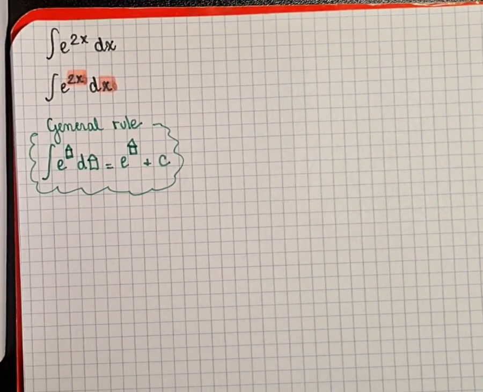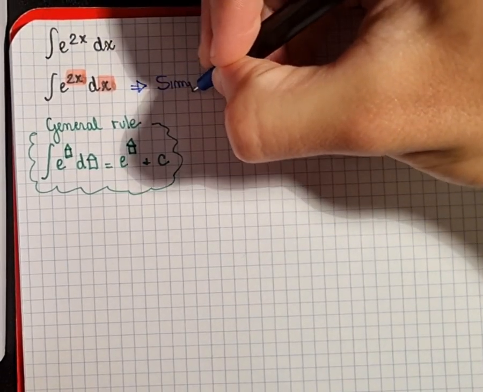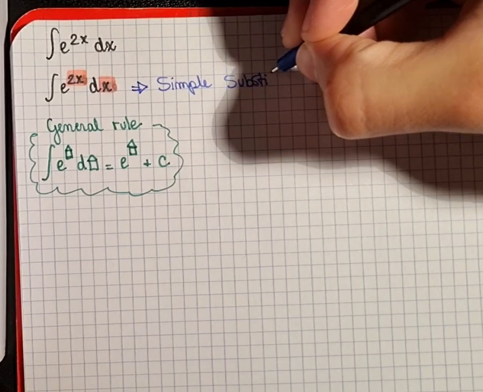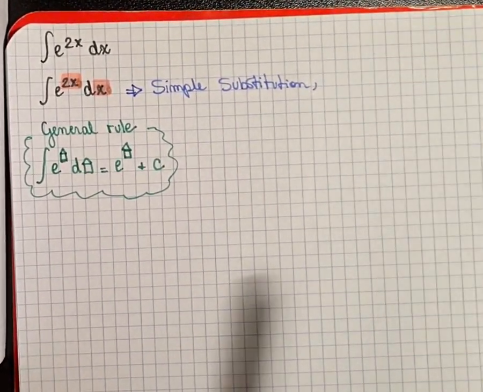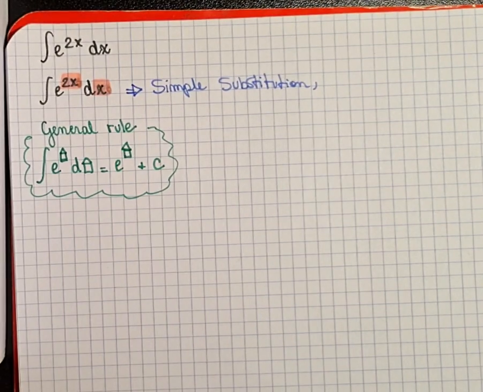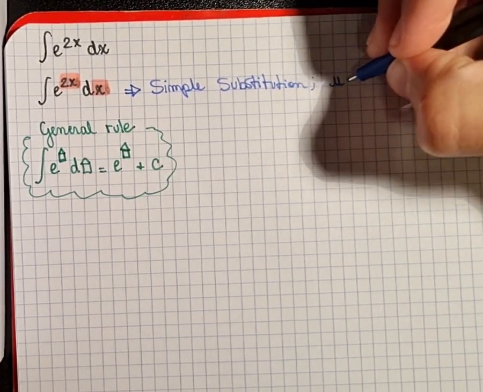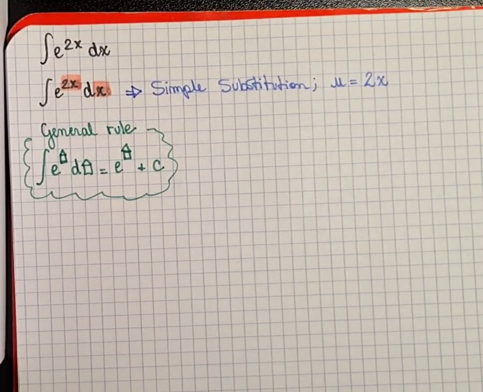So we need to adapt this expression in order to make it similar to this one here that we know. For that, we use the simple substitution, whereby we call this function that we want to simplify u. u is equal to 2x.